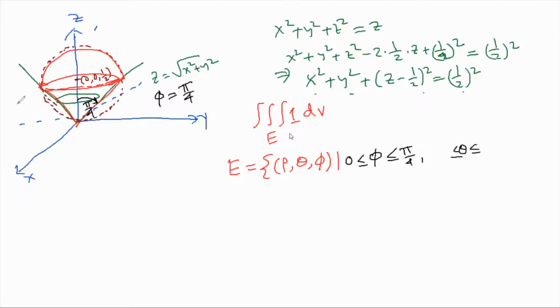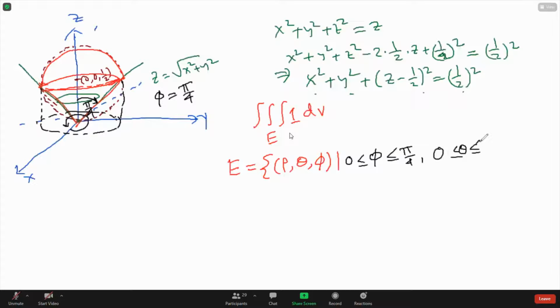Now you have to figure out theta. So if you take the projection, that would be a disk, right? And then theta can be anything, 0 to 2 pi, right? It can go all the way. So theta goes from 0 to 2 pi.